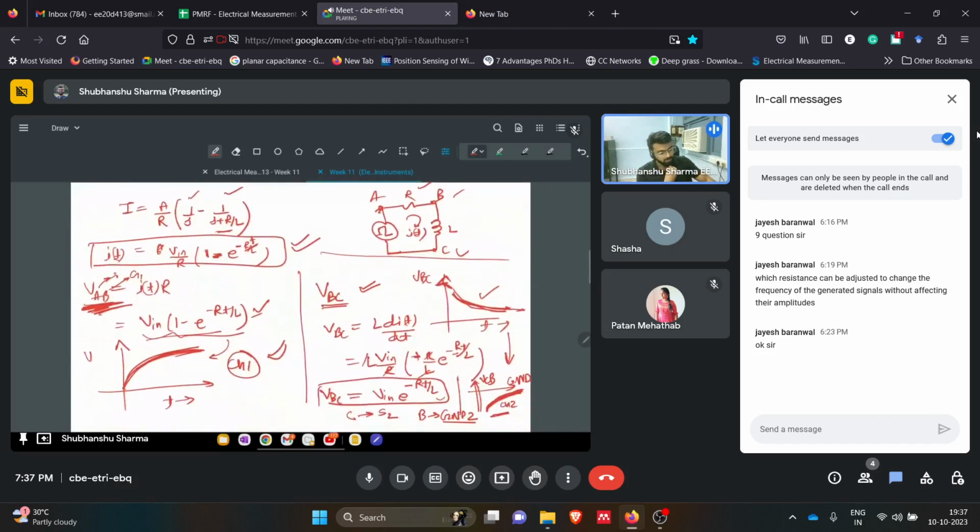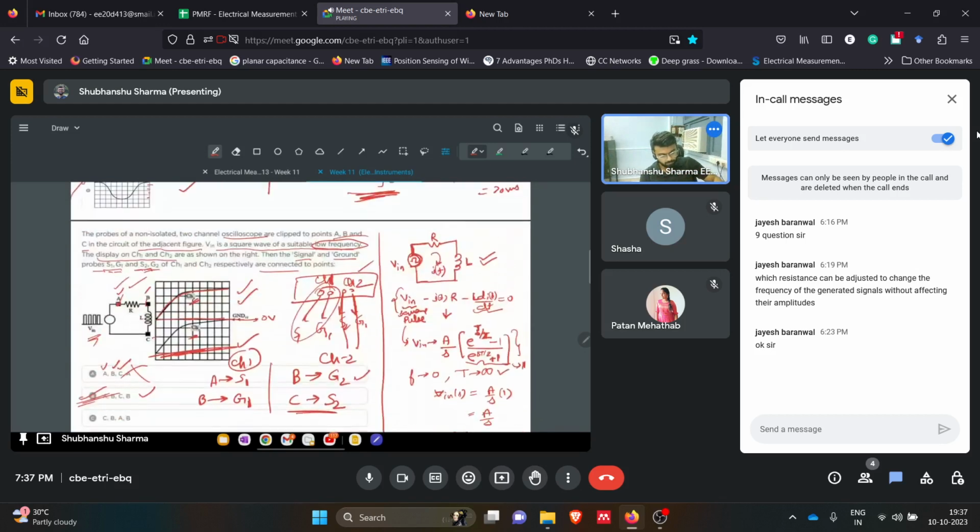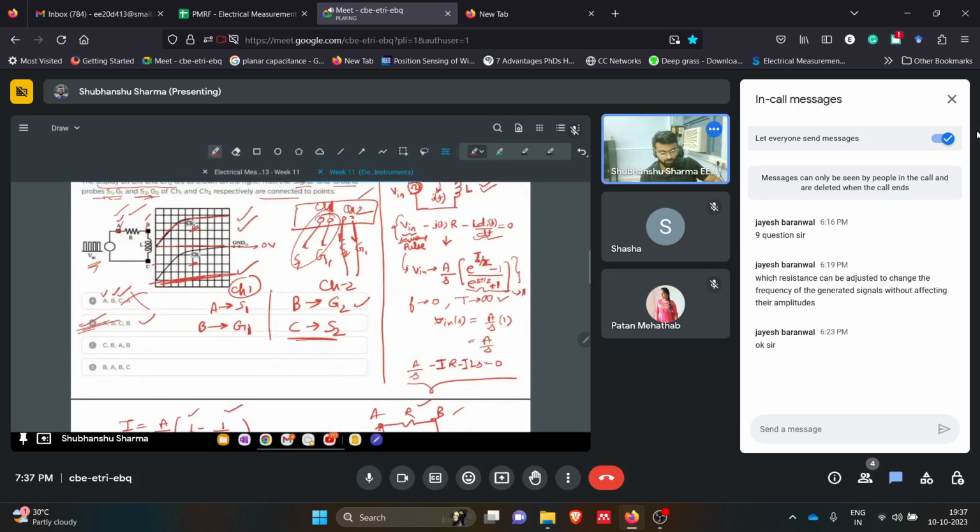But for the inductor, we were supposed to get this, but instead we are getting a mirror image across the x-axis, so instead of VBC, we are getting VCB. That means the oscilloscope channels are inverted across the inductor: the signal is connected to C, and the ground of channel 2 is connected to B. That's why we are getting a signal form like this.